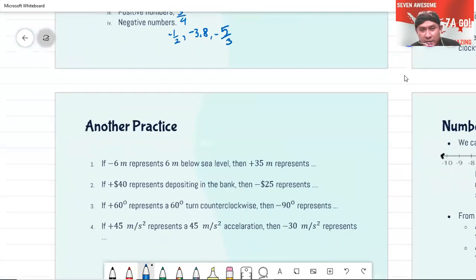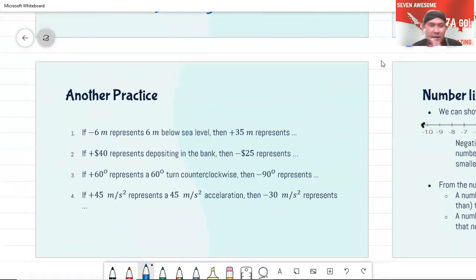How about another practice? If negative 6 represents 6 meters below sea level, then positive 35 represents 35 meters above sea level.